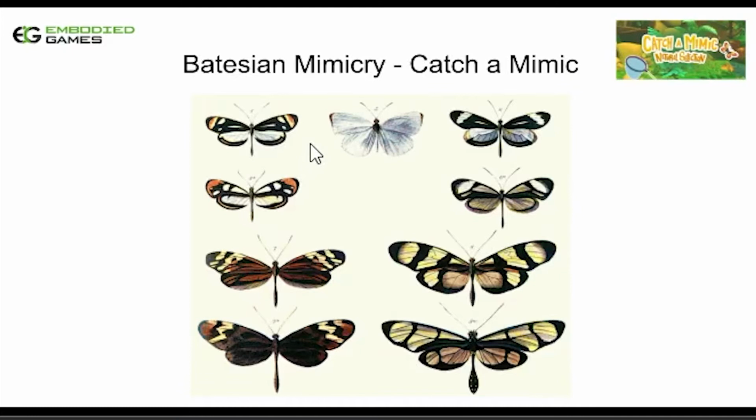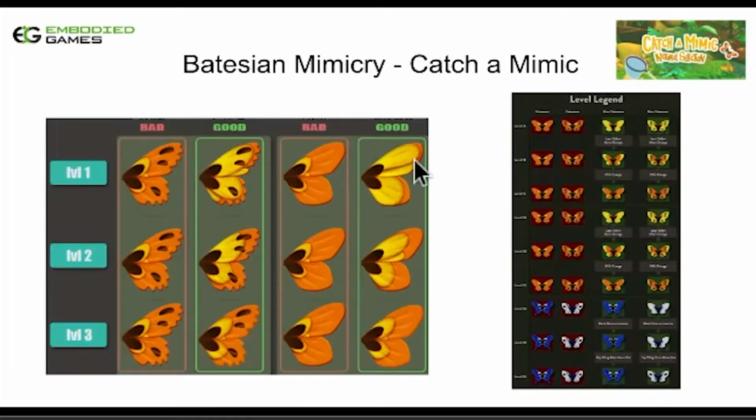And so we made this game called Catch a Mimic, Natural Selection, which kind of played on this concept. This is kind of how we prototyped the butterflies. At first, we went a little more cartoony, but we decided after playtesting to go for a different design.